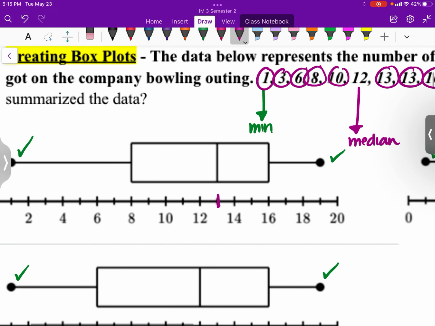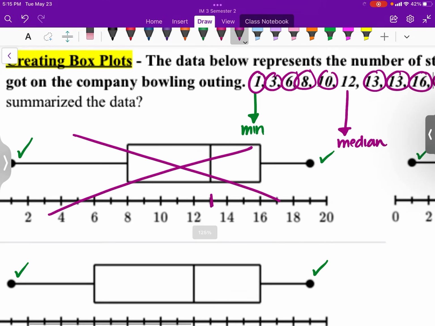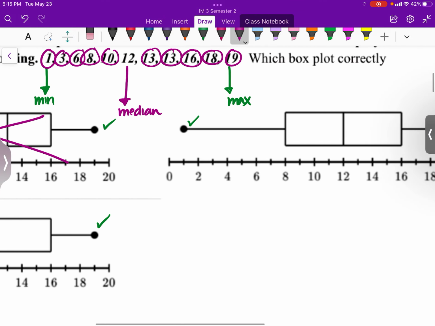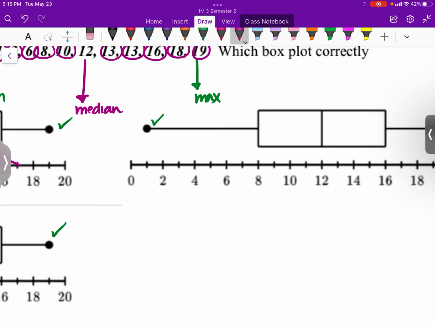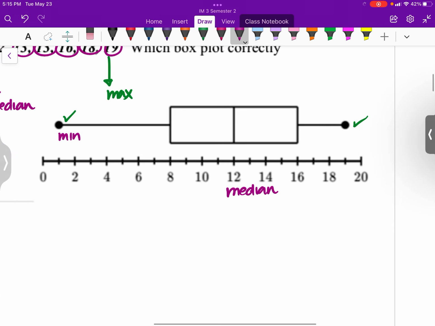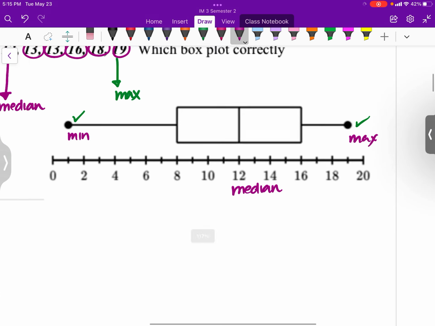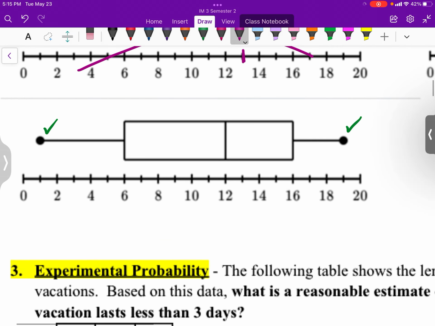This one has a median of 13, so this one's out. This one's not it. This one has a median of 12, so that is correct, with min and max correct. Let's check this one as well. It does have the median at 12, so that's correct.